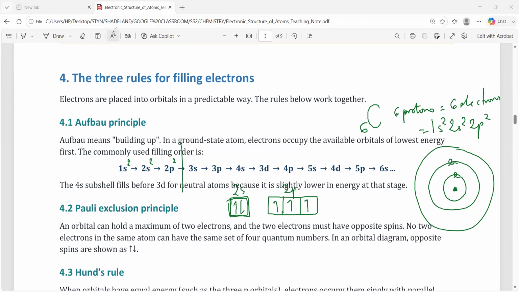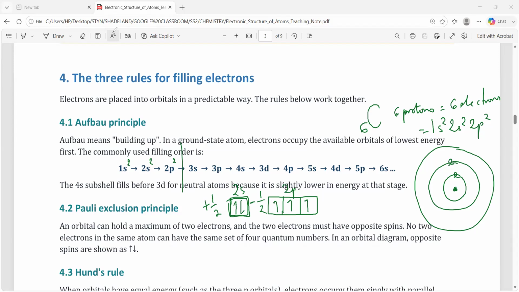One is in the clockwise direction, which we denote with plus half, and the other is in the anti-clockwise spin, which we denote as minus half. So you see that no 2 electrons in an atom will be on the same shell, the same subshell, the same orbital, and have exactly the same spin.